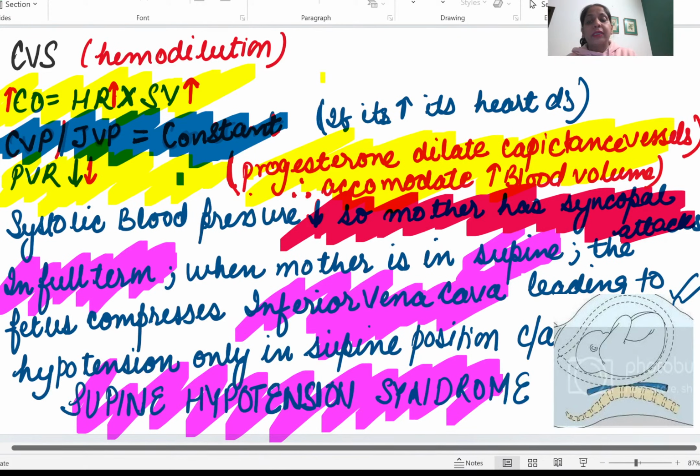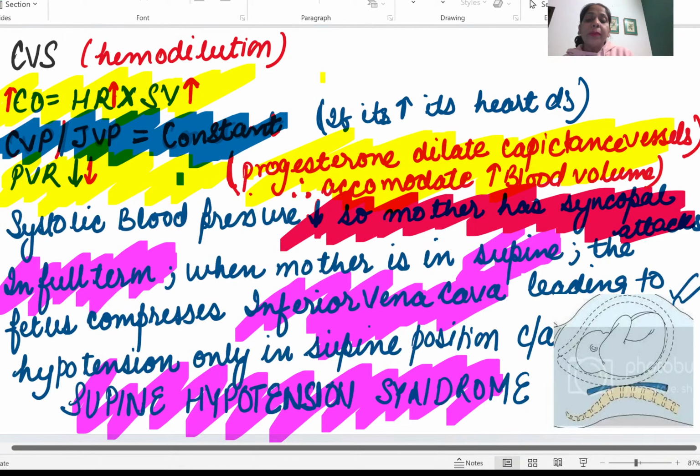So this factor leads to the decrease in the peripheral vascular resistance. Okay, and this decrease in the peripheral vascular resistance due to the dilatation of the peripheral capacitance vessels leads to decreased systolic blood pressure in the mother, and as a result the mother quite often has syncopal attacks.